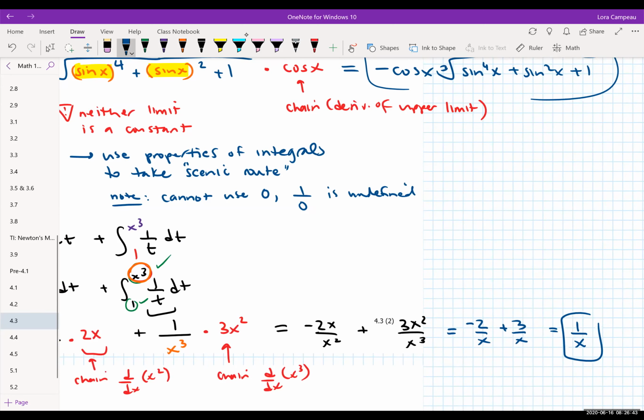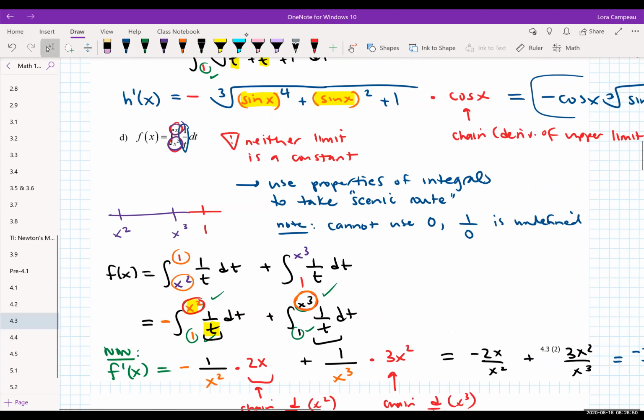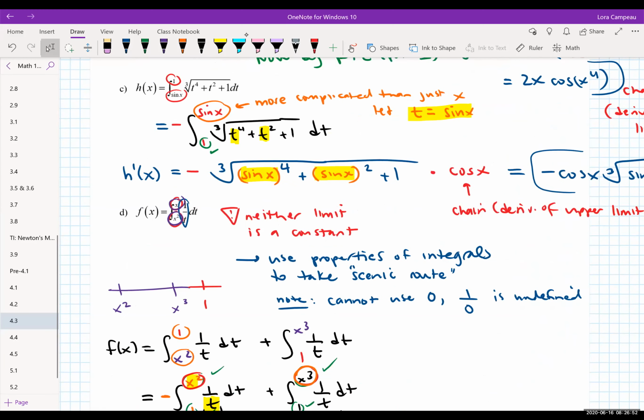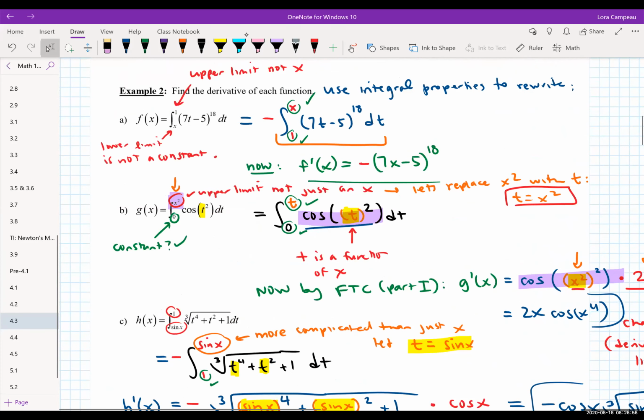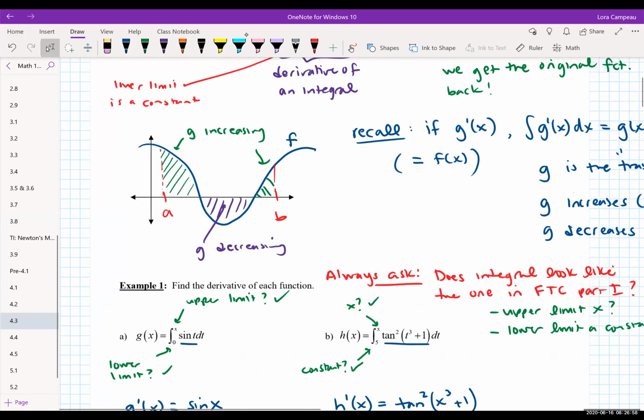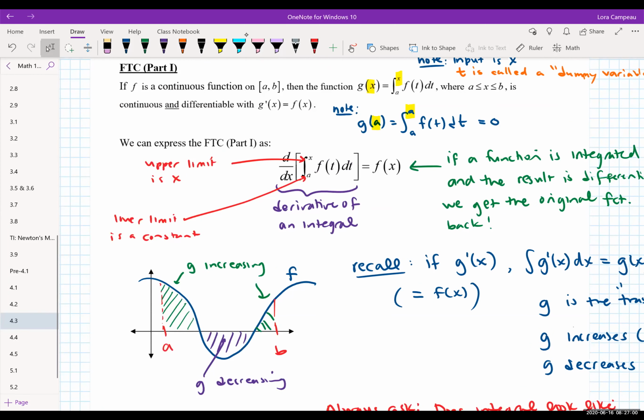So please utilize this. Practice it a lot more. Sometimes just watching it the first time, it doesn't quite sink in. But all I will caution you is whenever you're utilizing this first part of the fundamental theorem of calculus, always make sure the upper limit has to be a single variable, the lower limit has to be a constant.